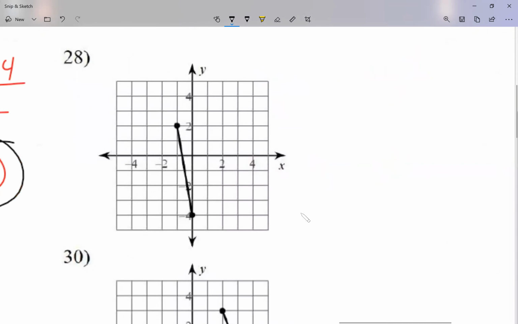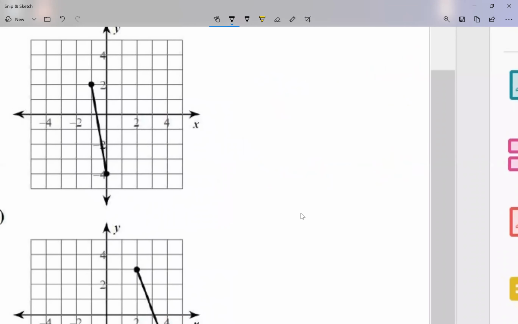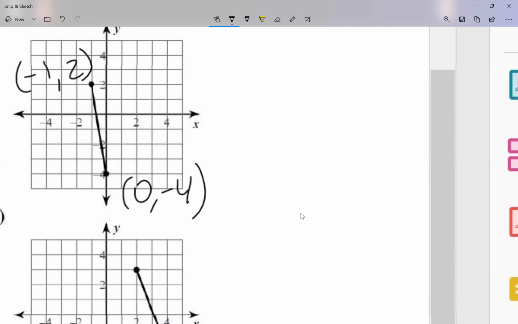Let's take a look at number 28. Let me get the coordinates of my points. The one on the far left, which is the one a little bit high, my coordinates of that one are -1, 2. All right, we learned back in algebra how to get this. The coordinates of the other point are 0, -4.